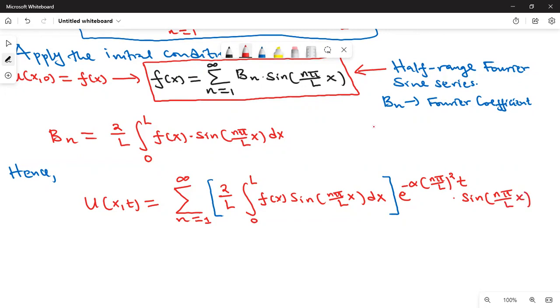So that's what we have as our particular solution for the case where k is negative.